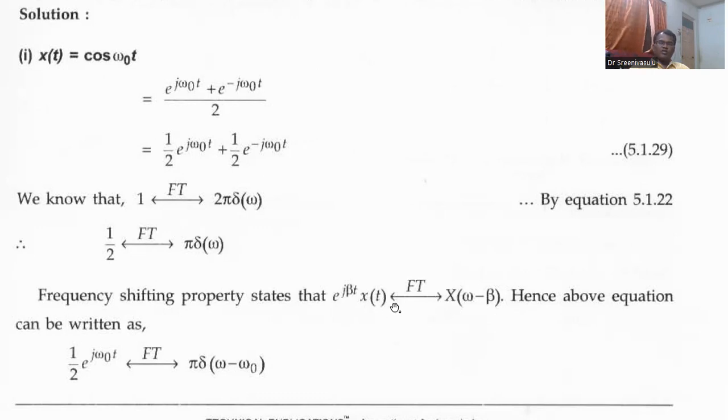Because of this frequency shifting property, because of this exponential term, omega is delayed by beta. Here, instead of beta, we have omega naught. There is already 1 by 2, so the 1 by 2 gets cancelled. You will get pi into delta of omega minus omega naught. It is a delayed version of the impulse in the frequency domain.